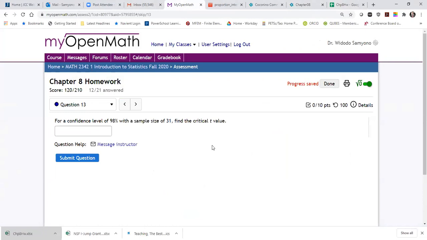Yeah, so for this one, in this case, you need to find the critical value. So you know the confidence level and the sample size, and you're looking for the critical value.